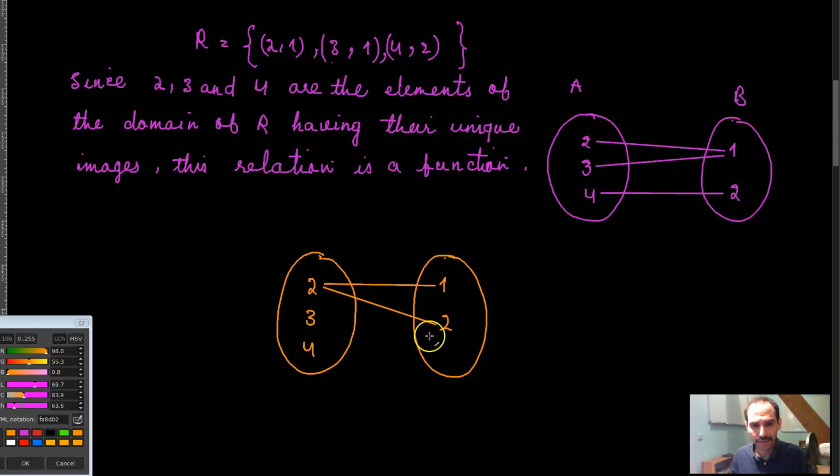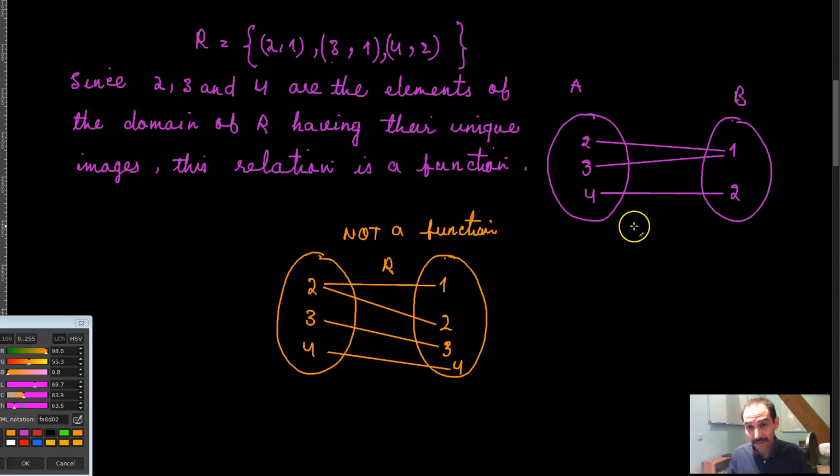And for example, 3 has been mapped to this element, and 4 has been mapped to this element. Now, as you can see in this situation, 2 is a member of the domain of R, and it has more than one image. And therefore, you cannot call this a function. This is not a function.